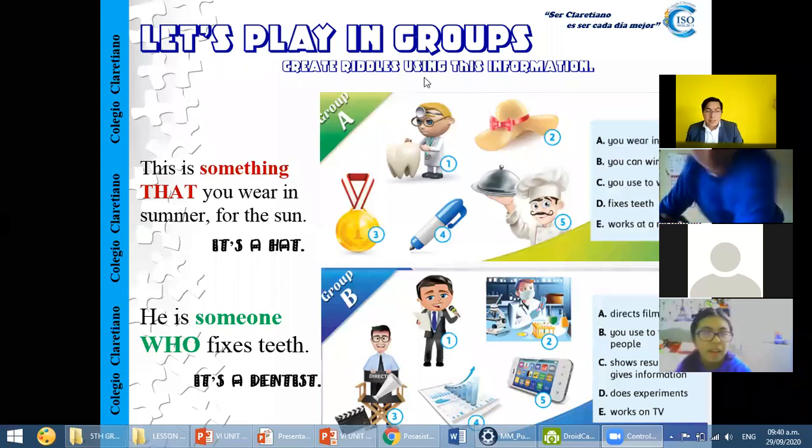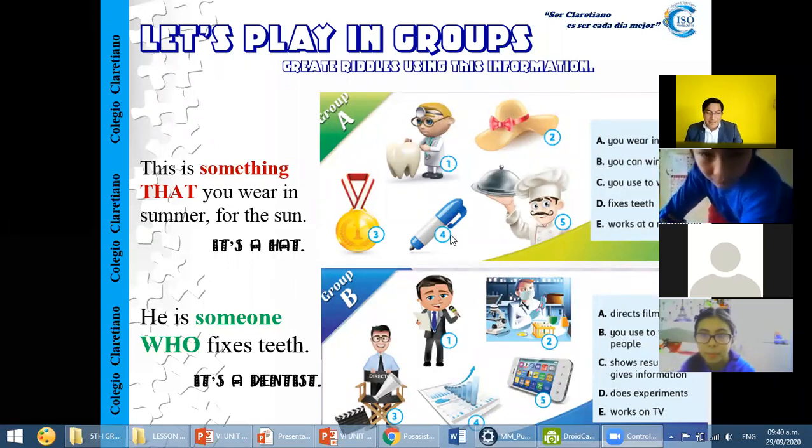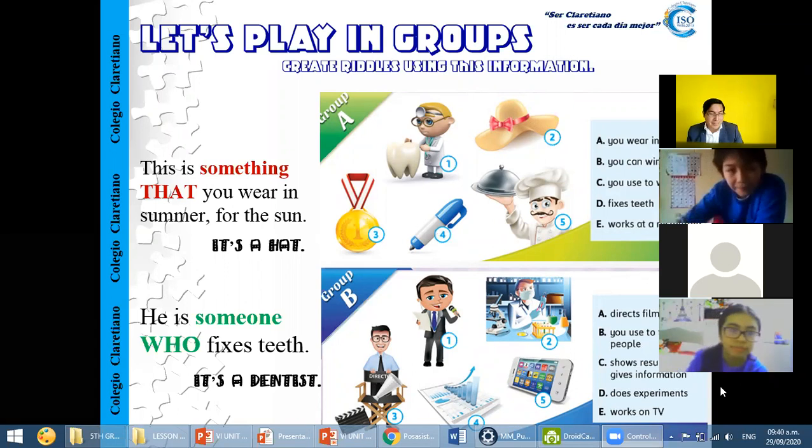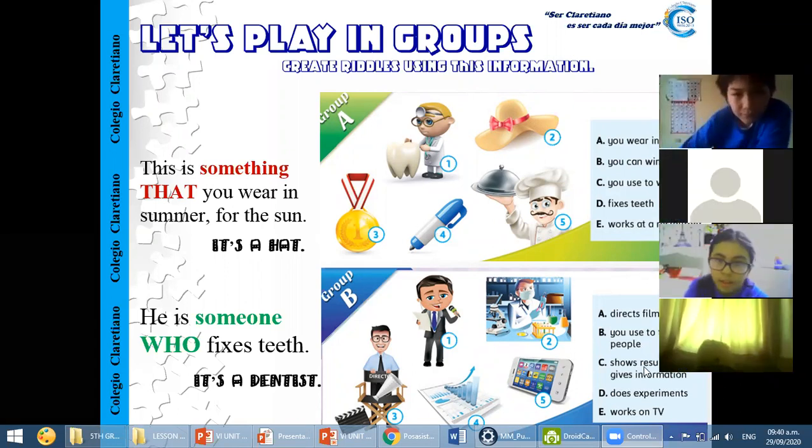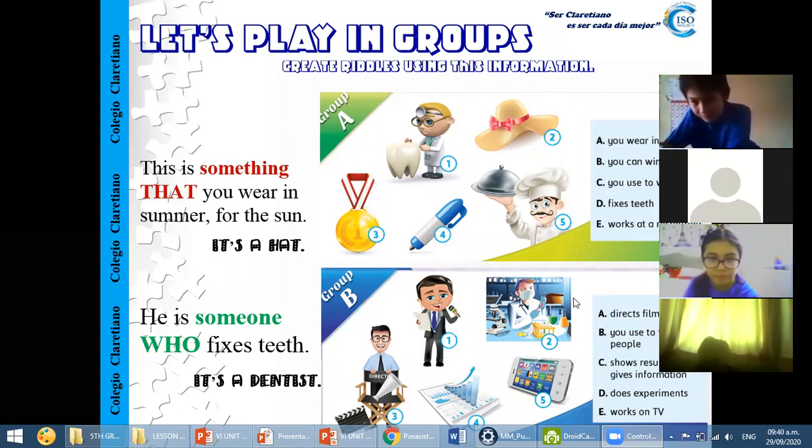Nice riddle, Imanol, nice. Brisa, what is it? Kevin, Almendra, what is it? Is heart? Yes, very good. Brisa, can you create one riddle?